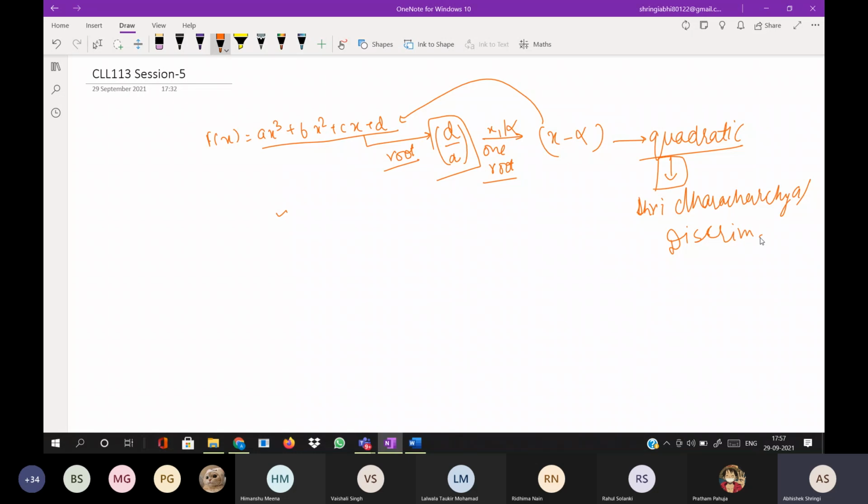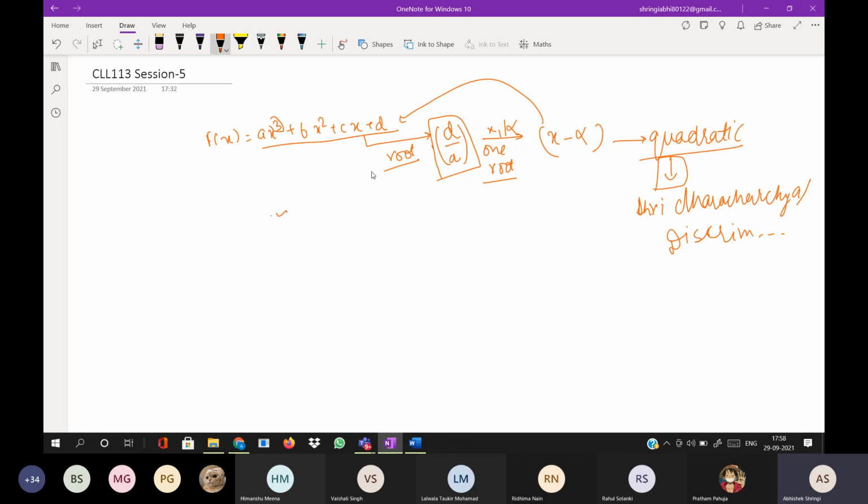So we have this way of finding the roots of a cubic polynomial. Now suppose the degree is increased and the complexity of the problem also increases, and we may not be able to judge all the possible roots by this method.